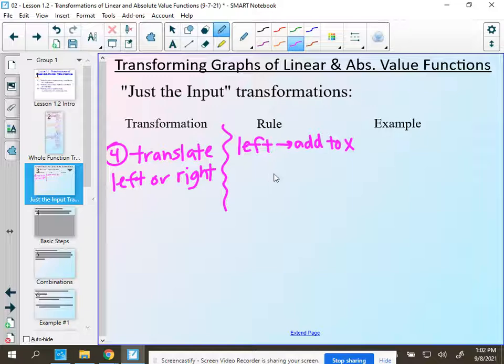I'll show you what that means in a second. And if you want to go right, again, in my head, I want to move something positive to the right, so I should be adding. It's the complete opposite. You'd actually subtract from x.